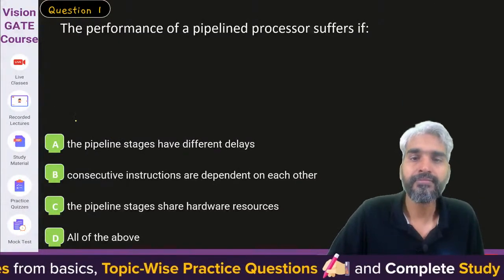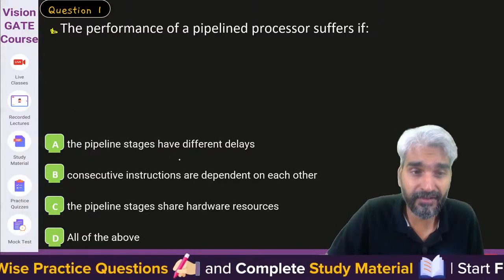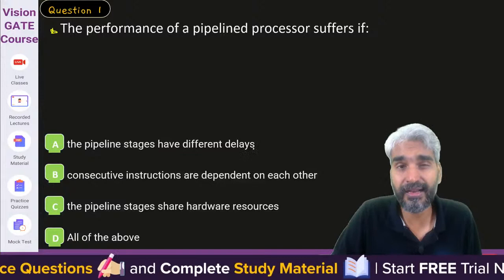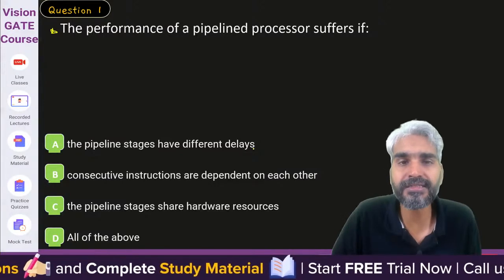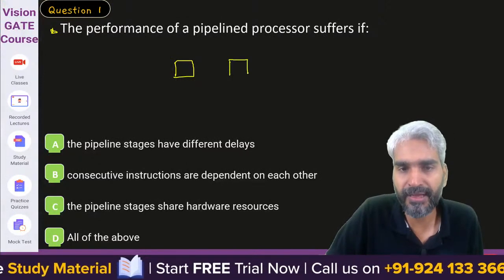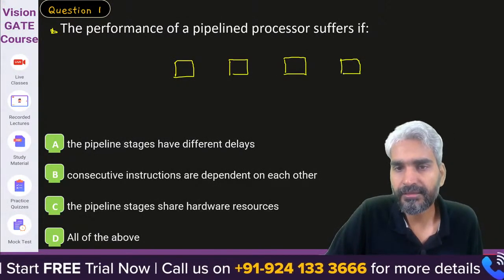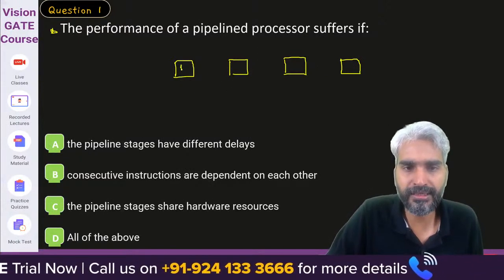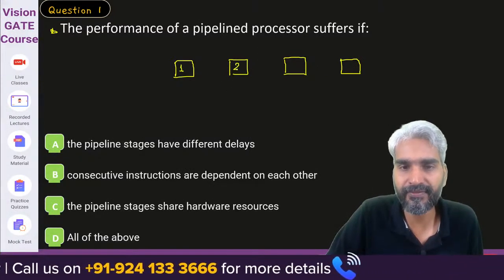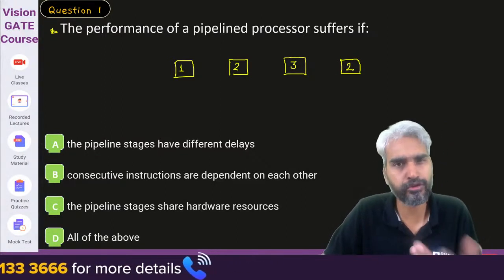The performance of pipeline processor suffers if the pipeline stages have different delays. Yes, let's assume it's a 4-stage pipeline. Let's assume that the time for this is 1 millisecond, time for this is 2 millisecond, time for this particular stage is 3 millisecond, time for this is also 2 millisecond.